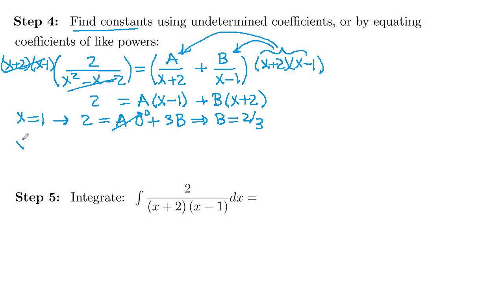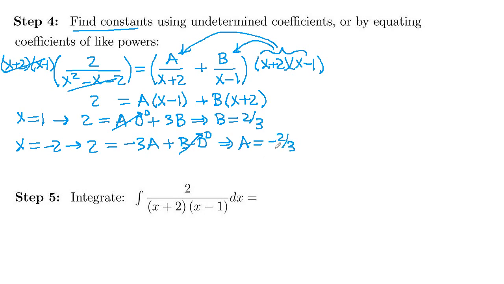And then we choose x equals negative 2, which is the other 0 for the denominator. And we get 2 equals, this will be negative 2 minus 1, negative 3. So negative 3a plus b times 0. So that zeroes out. We've got 2 is negative 3a. Divide both sides by negative 3. So your a is going to be negative 2/3.